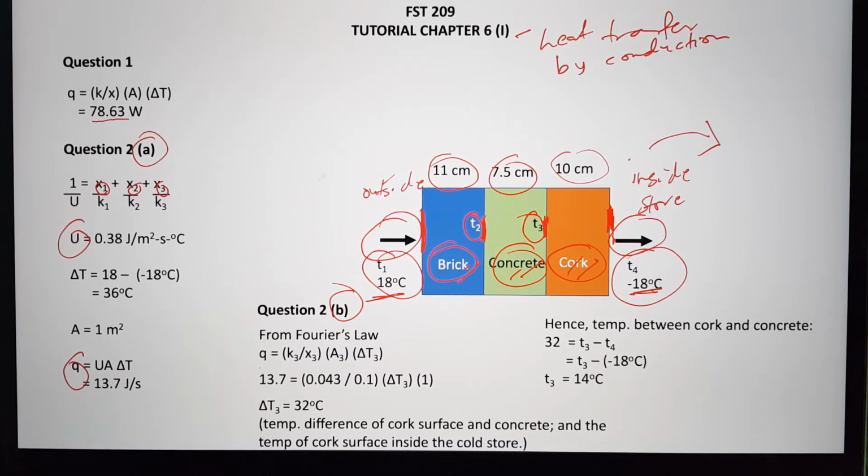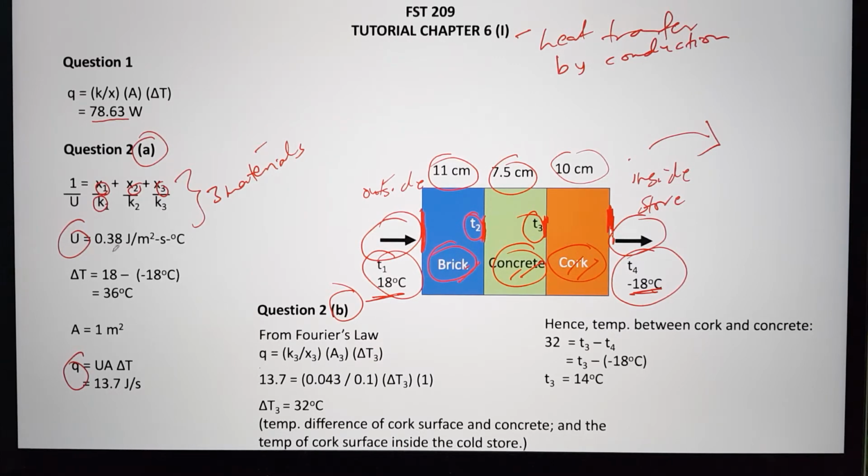But you must make sure that material number 1 is consistent with the value of K1. You should not mix up these values. So just use the equation 1 over U equals x1 over k1 plus x2 over k2 plus x3 over k3, because we have 3 materials: brick, concrete as well as cork.